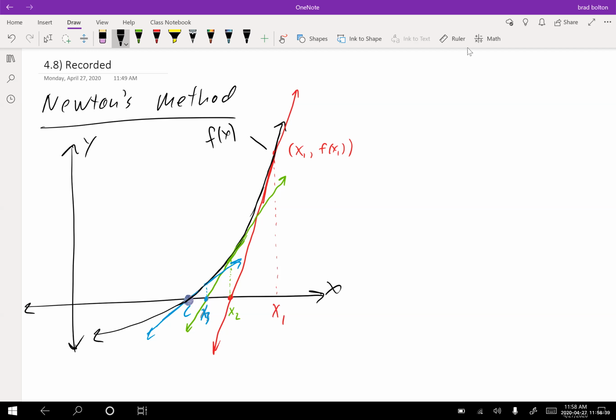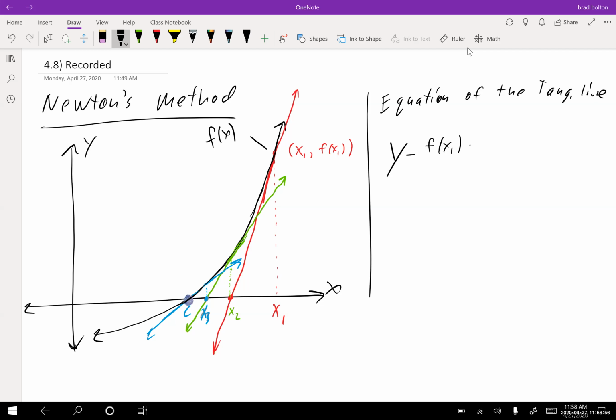So if we wanted to find the equation of that tangent line, we would do y minus y1, but in this case, y1 is f of x sub 1, right here. And then we have equals m, but what's m? Normally m is f prime at the x coordinate you're using.